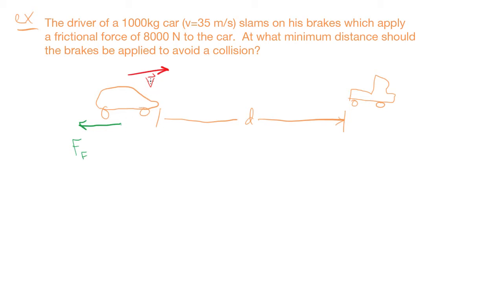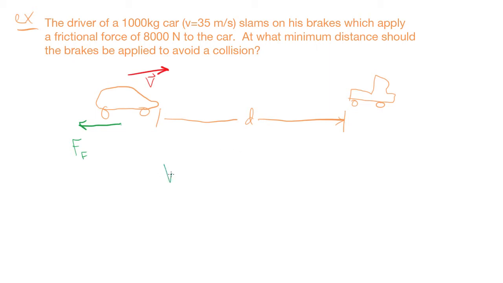It has some kinetic energy because it's moving. Later on, we want it to stop. In order for the kinetic energy to change, work must be done by the frictional force. What can I say about the work done by the frictional force? Is it positive or negative? Or zero? All right, it's negative. I know it's negative because the frictional force is applying opposite to the direction of motion.